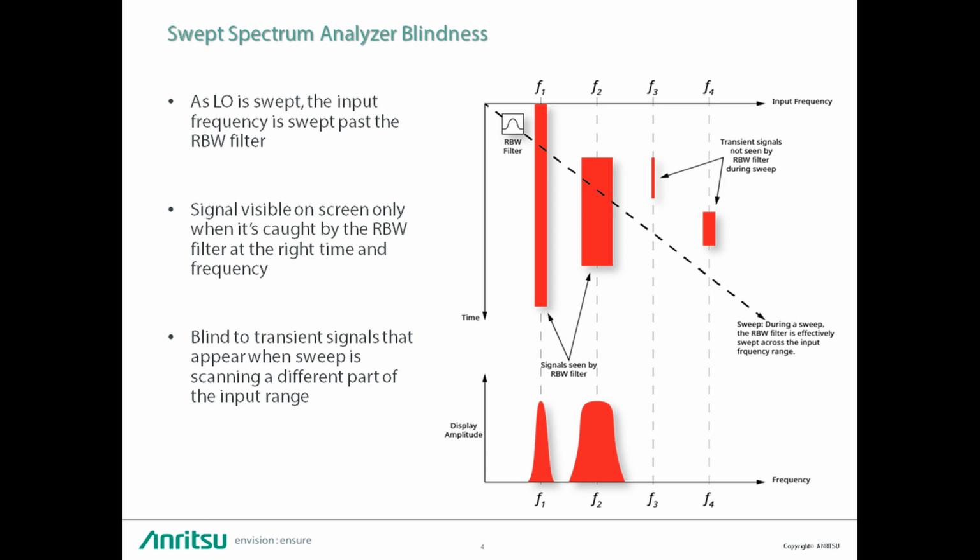In that case, the example here shows that only frequency 1 and frequency 2 would be seen on the display, since the local oscillator and the RBW settings were correct at the moment these carriers were present. The frequency 3 and frequency 4 carriers are not seen by the spectrum analyzer since, during the sweep we consider here, the RBW's filter has not seen these F3 and F4 carriers.